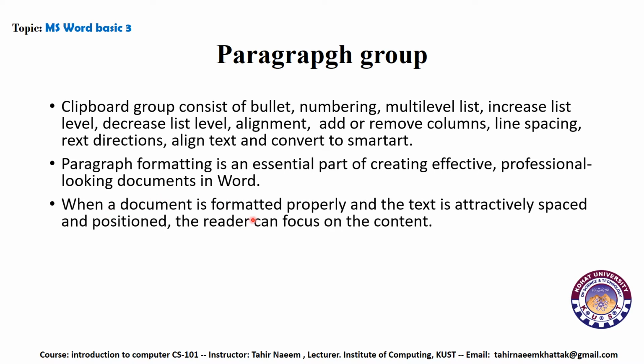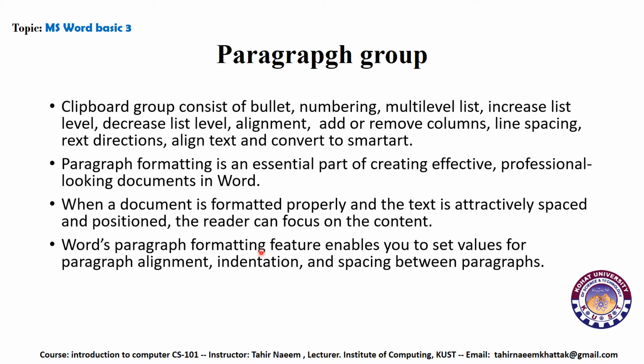When a document is formatted properly and the text is attractively spaced and positioned, the reader can focus on the content. So basically, in the paragraph, we position and properly space the text so that it looks attractive to the reader.